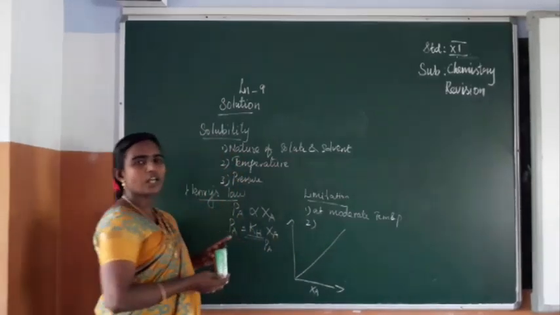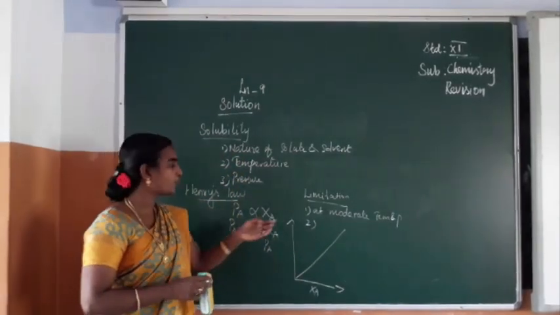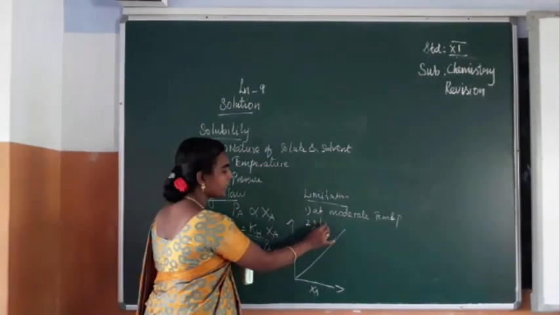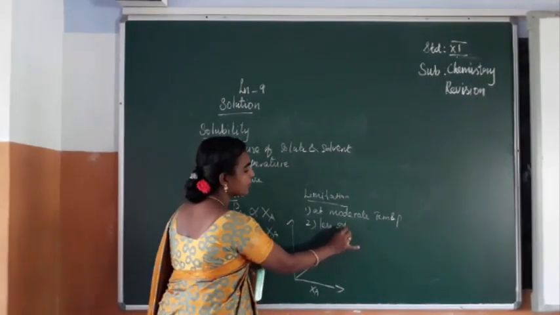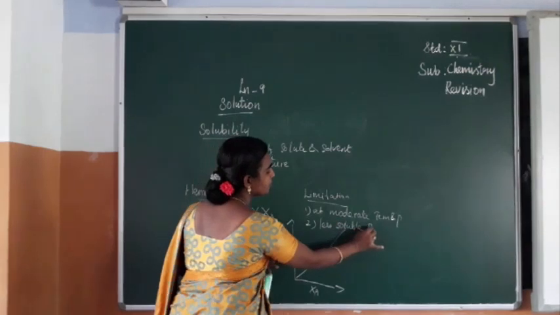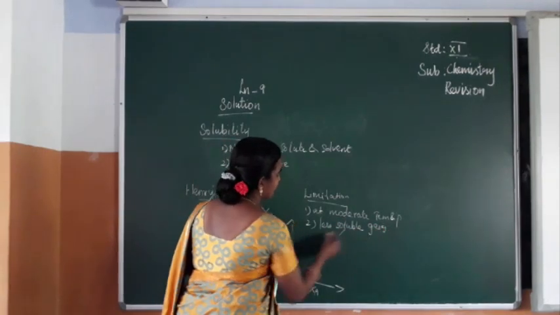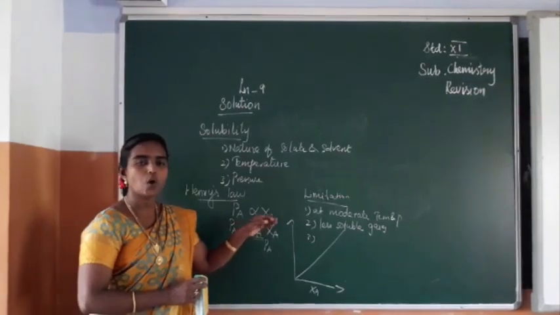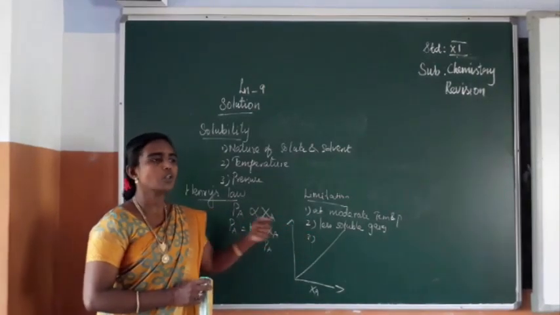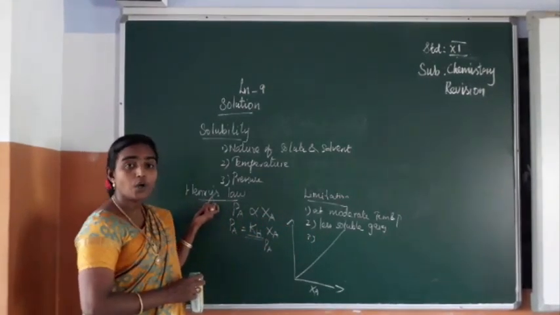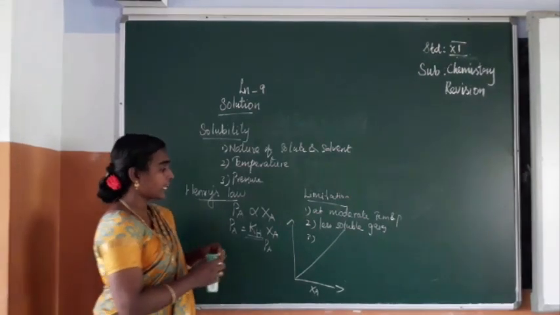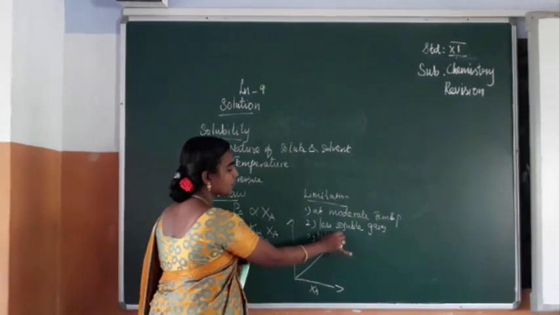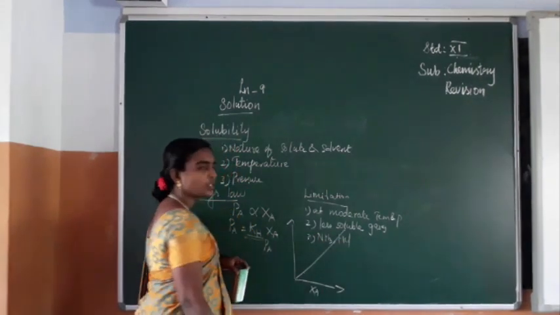Next, less soluble gases also do not obey Henry's law. So it is not applicable for less soluble gases. Next, gases which can dissolve in the solvent also cannot obey Henry's law. For example, NH3 ammonia and hydrochloric acid, hydrogen chloride.